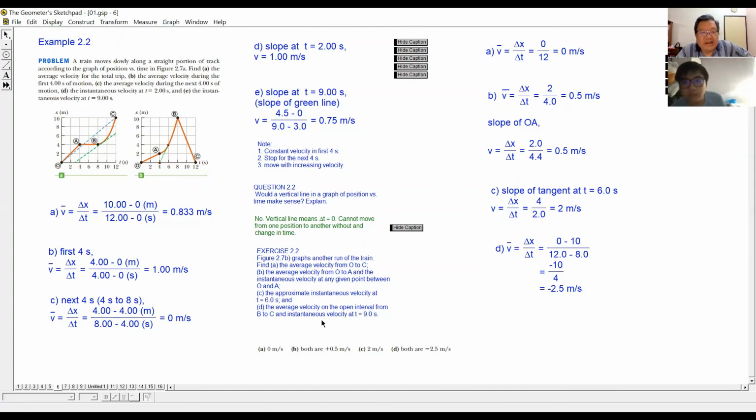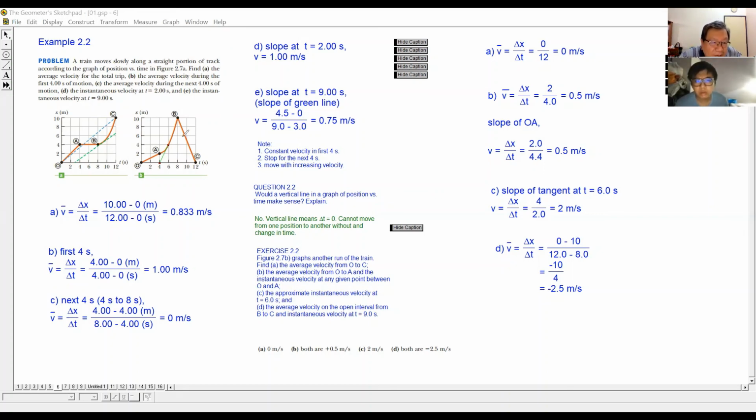Okay, next, the last part. The instantaneous velocity at t equals 9. Where is 9? Oh, easy, because it's along the same straight line. So what is the instantaneous velocity at the point 9 here? Let me make a mark. 0 minus 8 over 12 minus 9... negative 2 point... It's the same straight line.